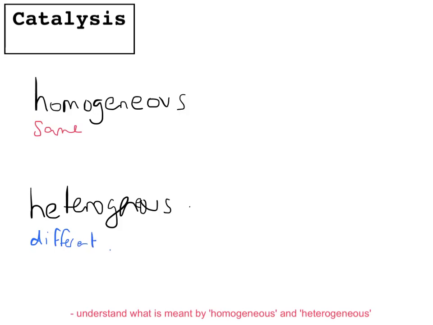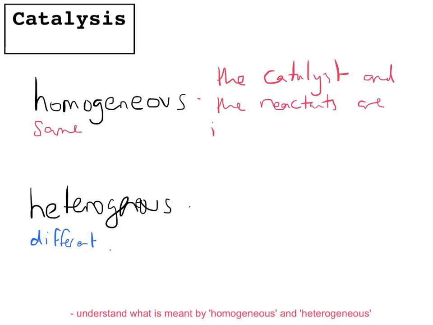So a homogeneous catalyst is where the catalyst and the reactants are in the same phase. So they're both liquids or they're both solids, they're both gases. And this usually means that both the catalyst and the reactants are in solution.